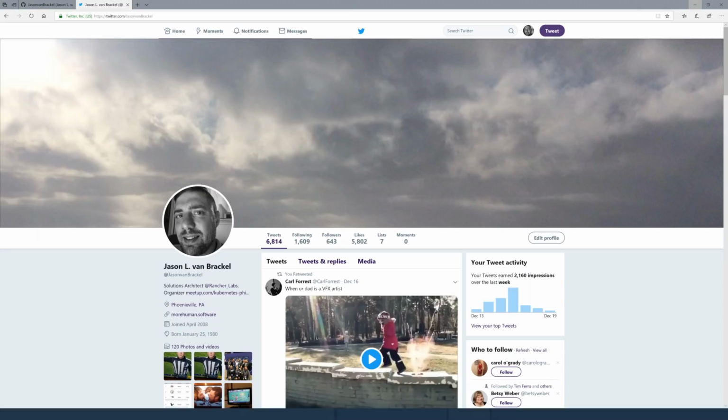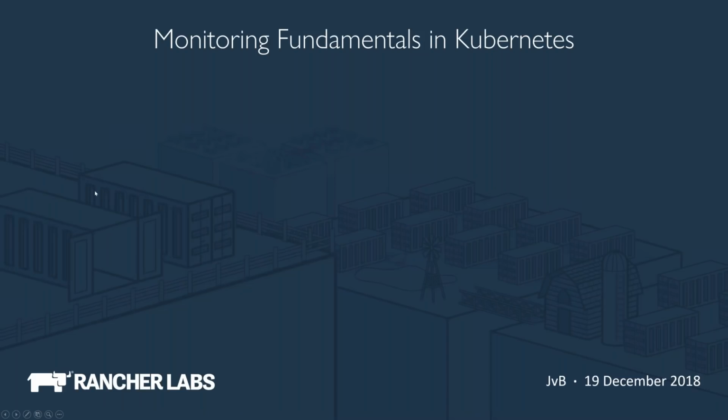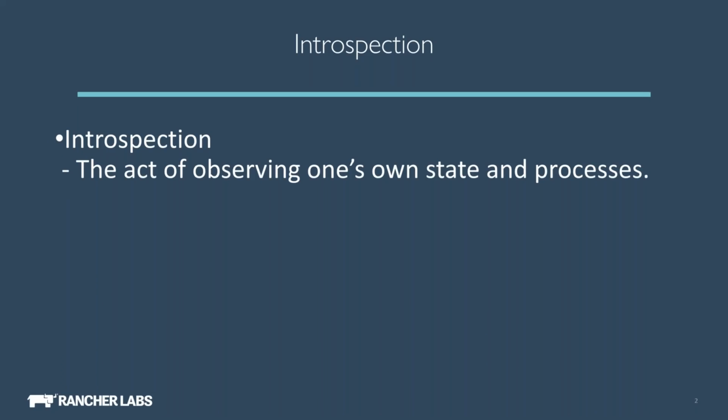So let's get started. Today we're going to talk about monitoring fundamentals in Kubernetes, and monitoring fits into a greater conversation around introspection, essentially being able to observe one's own state and process. Usually if you Google the word introspection, you'll see a lot of information about self-rationalization, psychology and human behavior, but it's so different in the Kubernetes field.